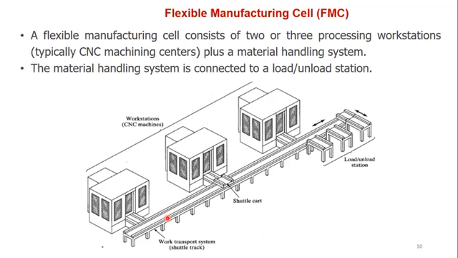The part first goes to the first machine for turning, then to the second machine for drilling, then to the third machine for milling, and then the final product comes out. In between, what you are seeing is the loading, unloading and waiting section. Here we are trying to avoid any human intervention in between the process.